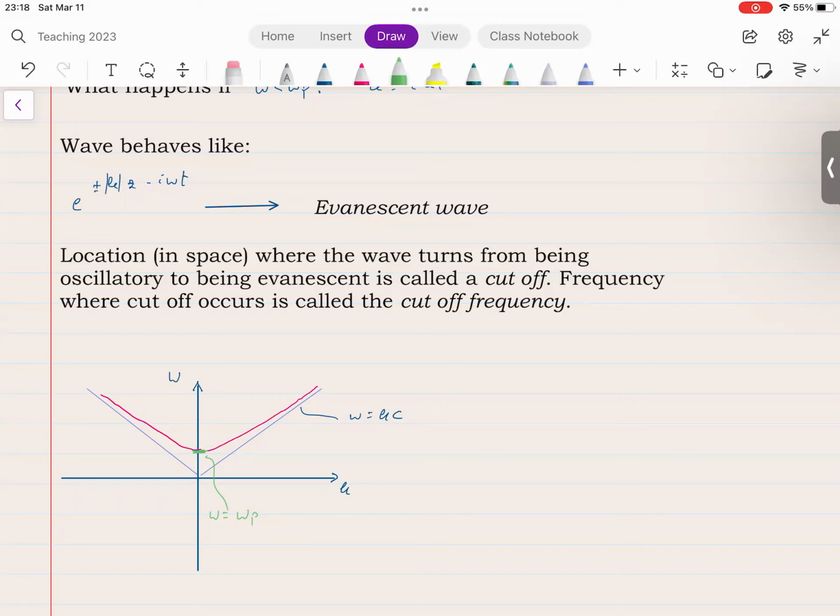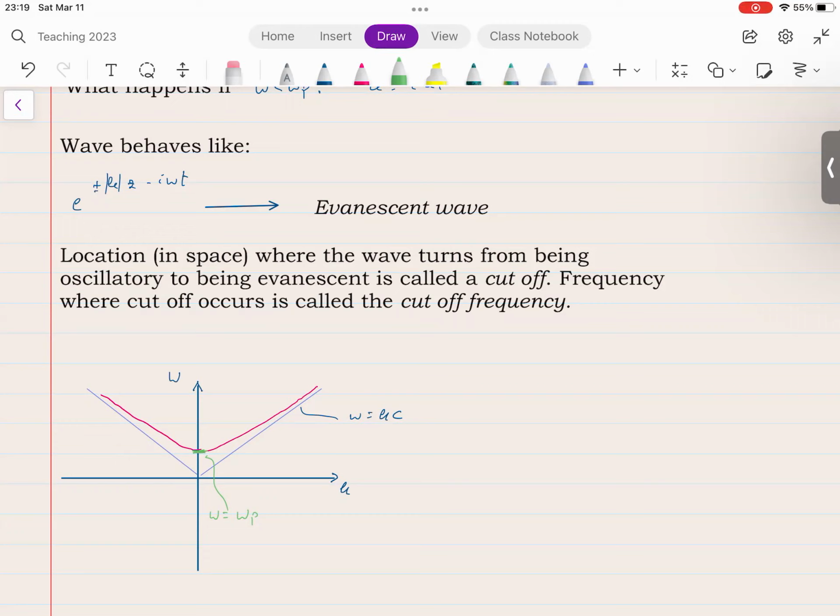Because if I look at this plot, I see that for omega less than omega plasma, I can't find the value of k. Well, I can't find it in the real plane, at least. That means that my wave oscillation may have turned into an evanescent wave. That's typically what happens.